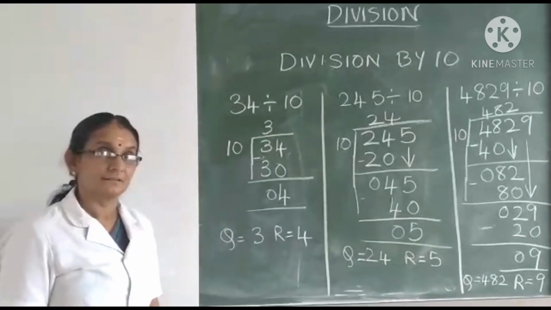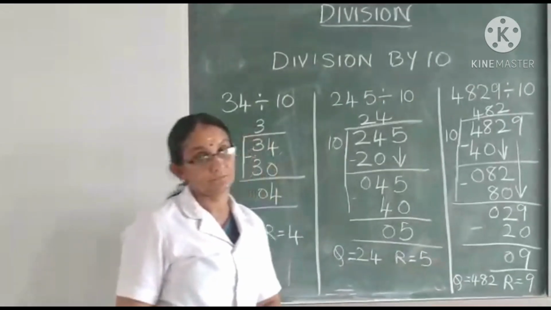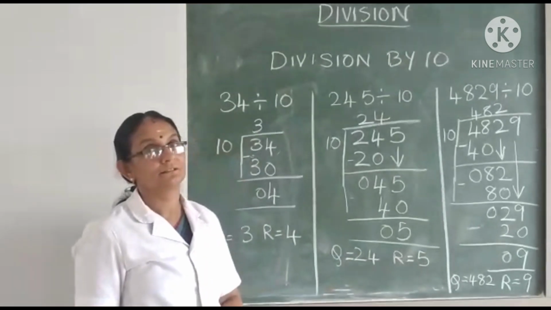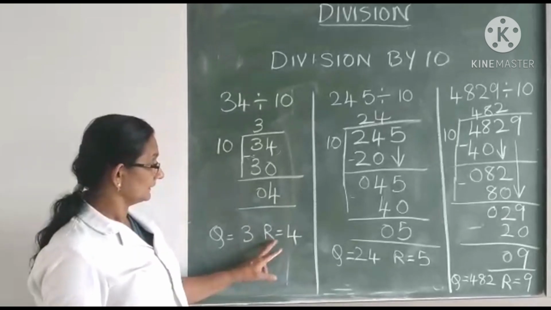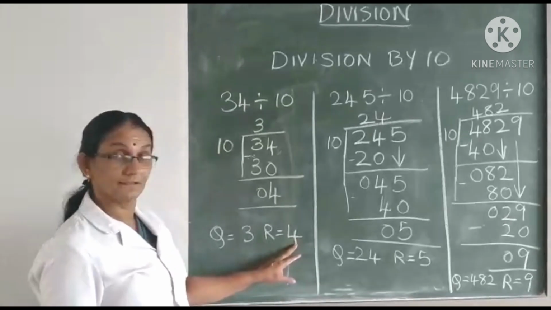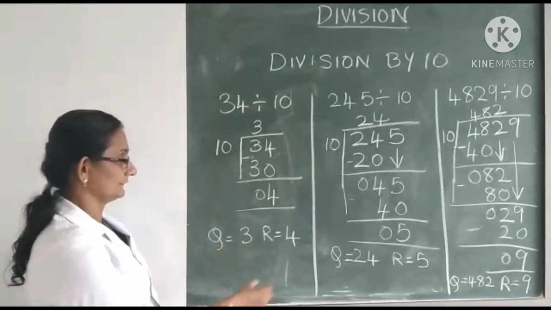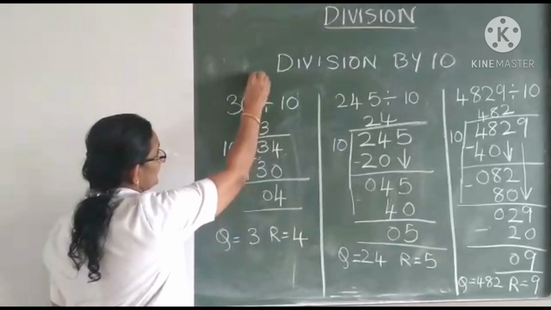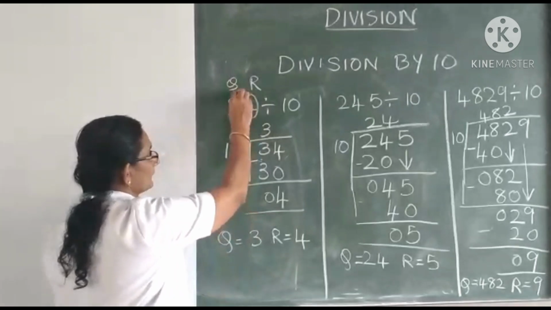Now children, look at the quotient and remainder of each set of numbers. What can you understand from this? You see that in the first division, the digit 4 is the remainder and the quotient is 3.